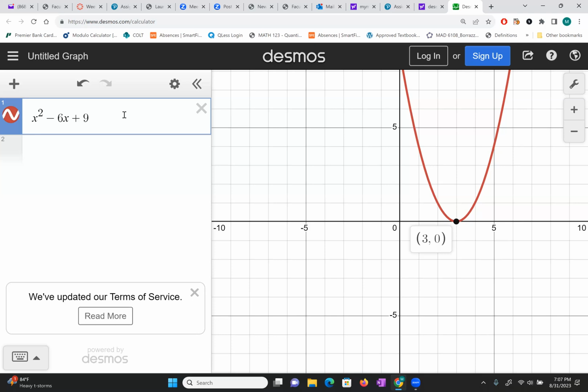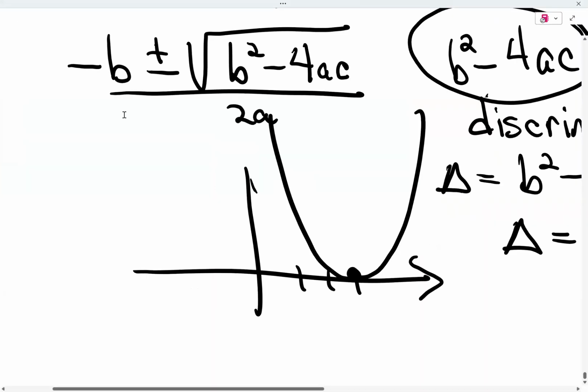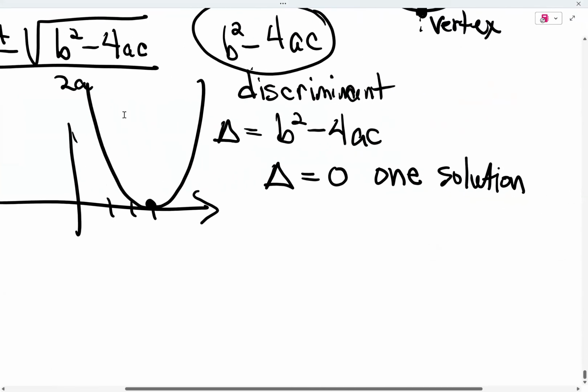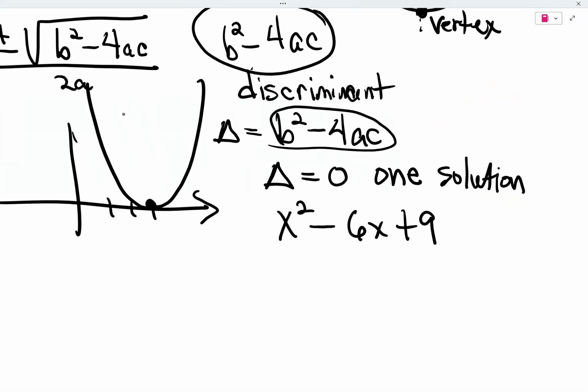So let's go back to the example. Remember, this is recorded in case I'm going too quick. Just let me know. If you go back to this example, remember how I said x squared minus 6x plus 9. So I need b squared minus 4ac. So b, in this case, is negative 6. Your a term, we know that's 1.